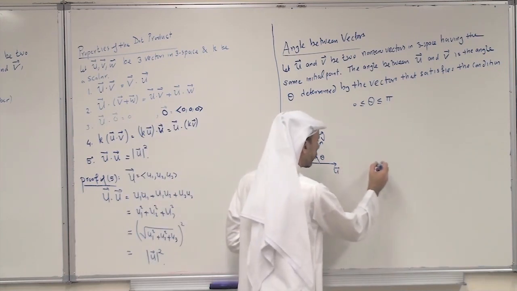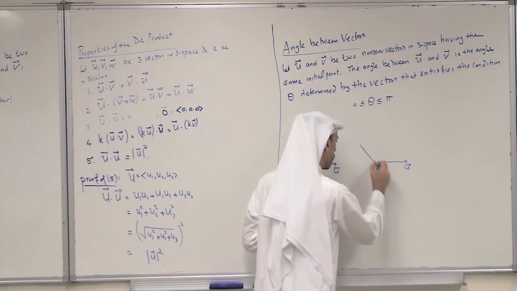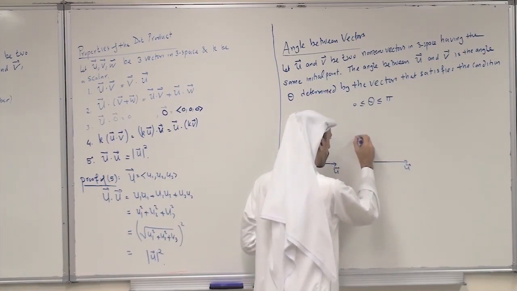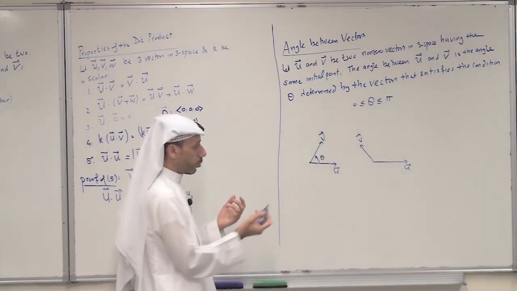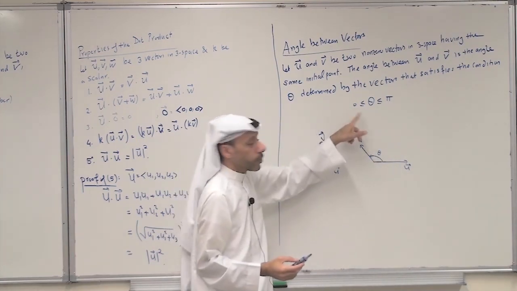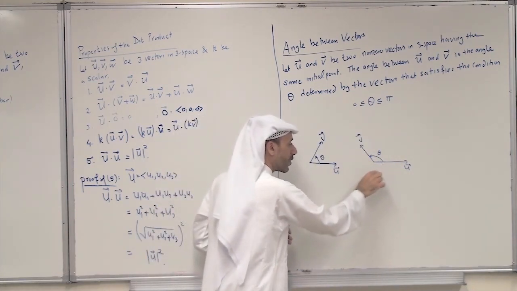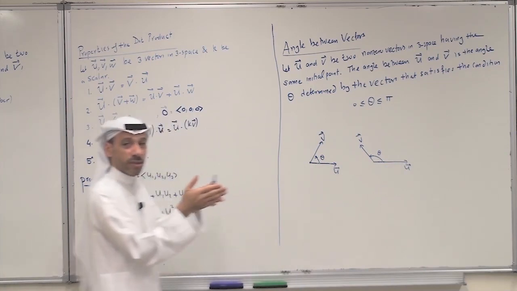Another possibility: if you have the vector u here and v here, the angle theta between the two vectors is this angle, theta. It satisfies the condition 0 to pi. We will not take the outer one. The outer one is larger than pi. We always take the smaller one.